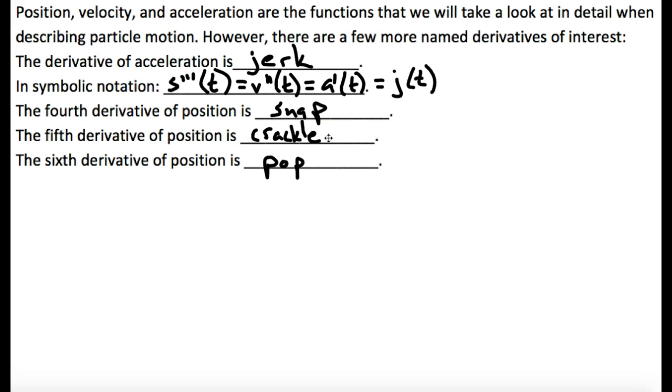I do not know which came first, these names for the derivatives or the Rice Krispie slogan. Okay, but this is real. The third derivative of position is jerk, the fourth is snap, the fifth is crackle, and the sixth is pop. You'll probably never see these three again. That's just an interesting tidbit, but you will definitely see position, velocity, acceleration, and sometimes jerk.